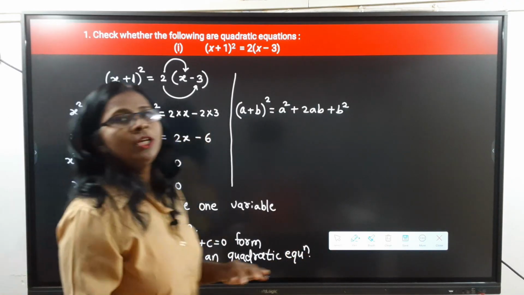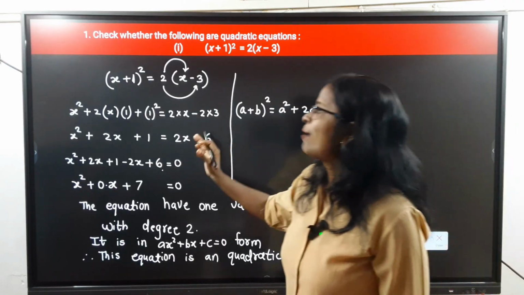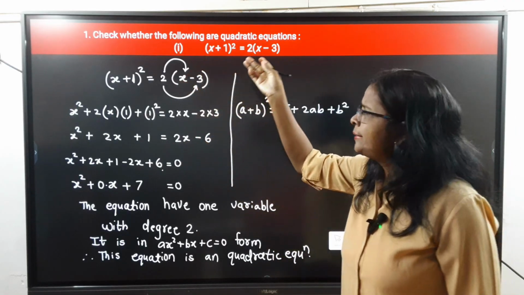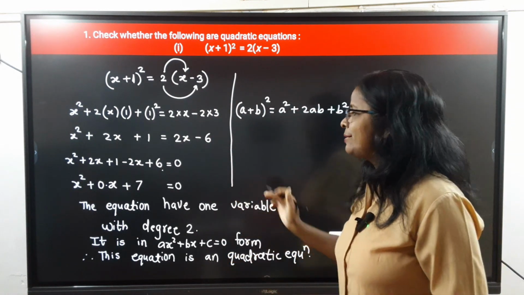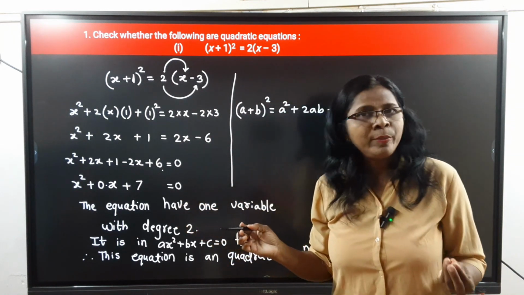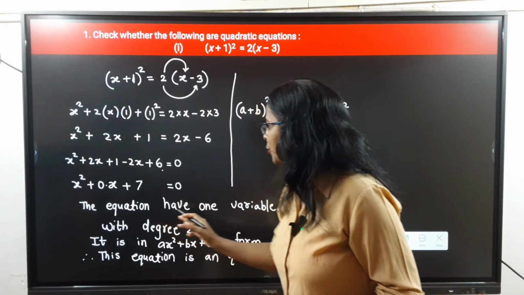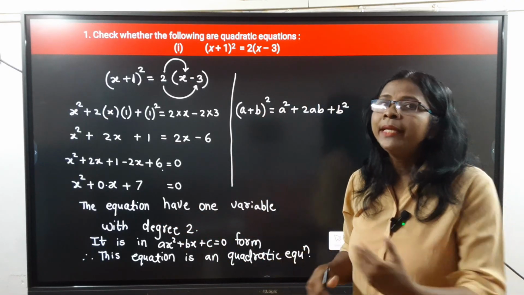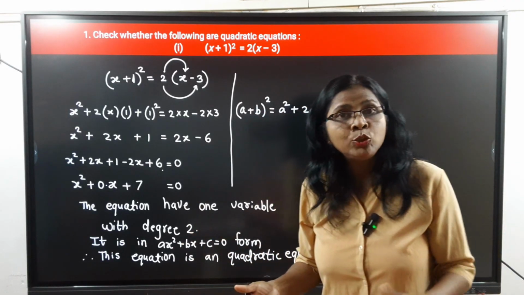Students, follow this method: first you write down the given equation and then simplify as much as possible, so that on the right hand side there is 0. Then you check whether the equation has one variable or not, and whether it has degree 2 or not.